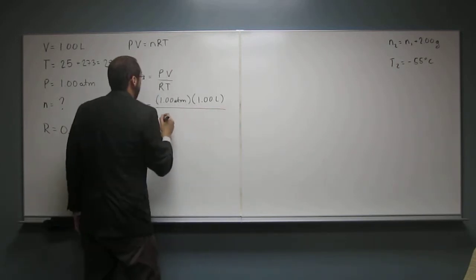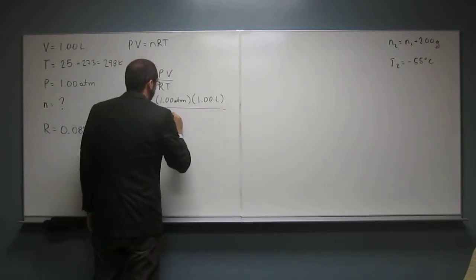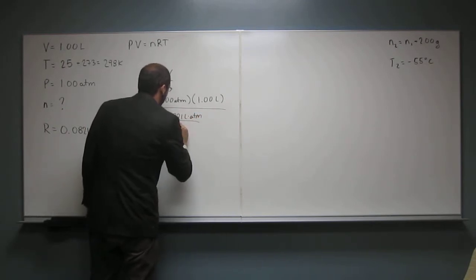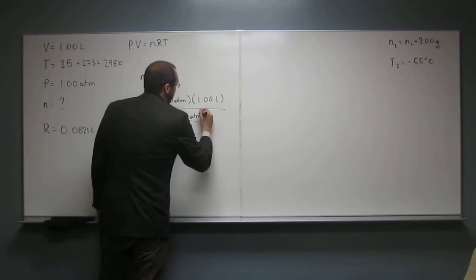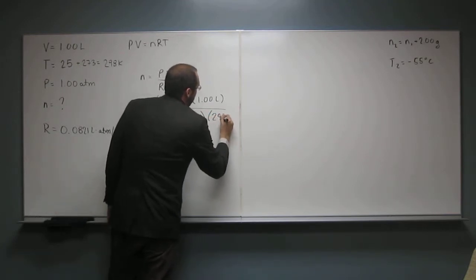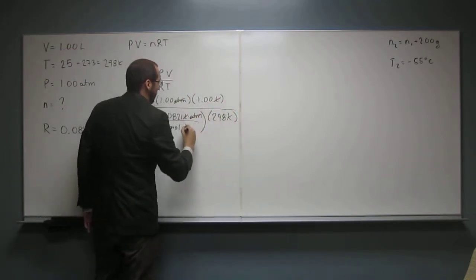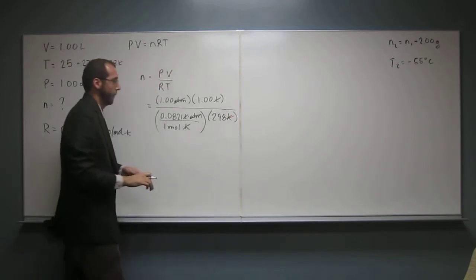Divided by R, 0.0821 liter atm per 1 mole Kelvin, and 298 Kelvin, okay? So everything cancels.